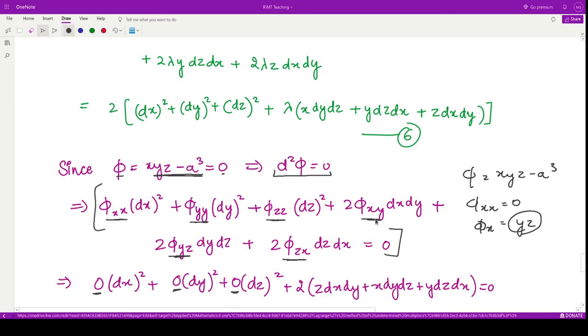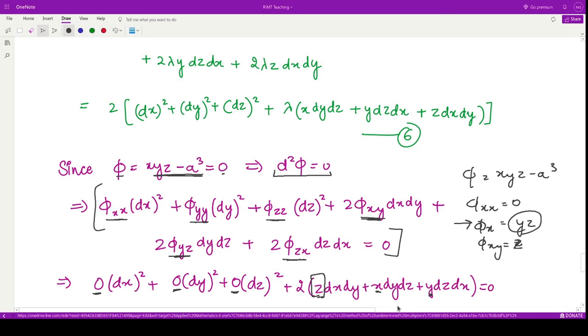And the next term, phi of xy, that is equal to z, because this is your phi x. When you differentiate it with respect to y, you will have z here. So this is z, and similarly you have phi of yz as x and phi of zx as y.